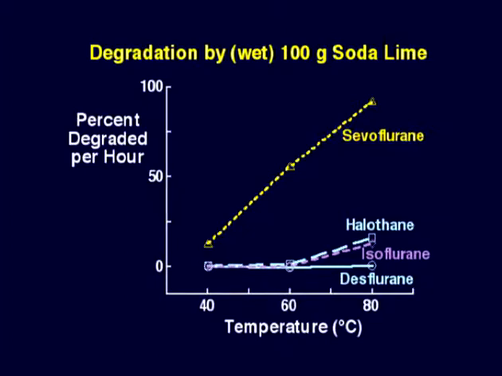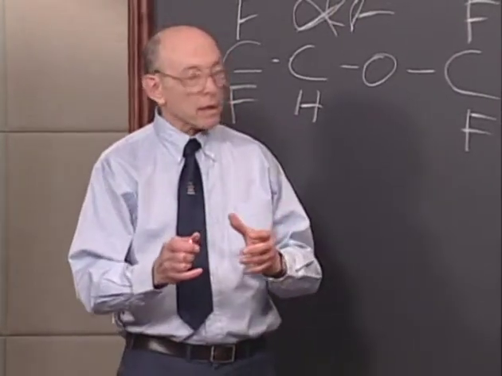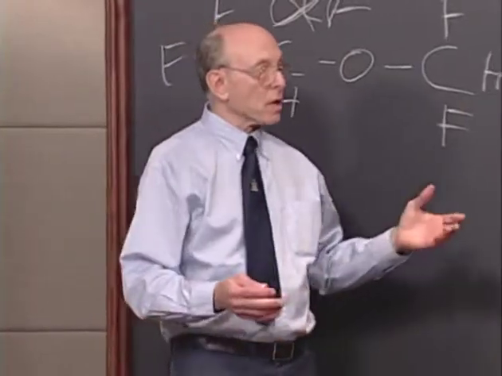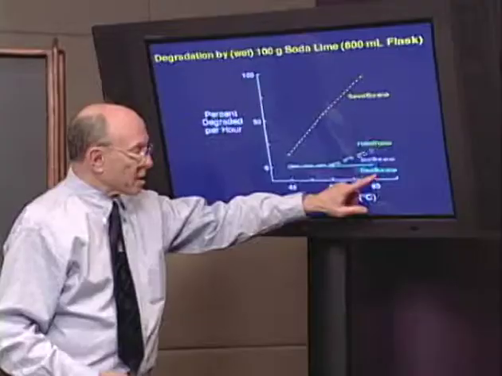This is from a study that we did in which we simply put 100 grams of soda lime in a bottle that had a 600 ml capacity, and we added some anesthetics. And then we noted how much of the anesthetics degraded in each hour. And we found in a comparison of these two anesthetics, isoflurane and desflurane, that desflurane was more stable.